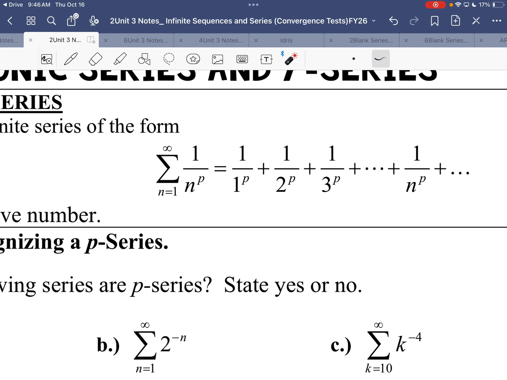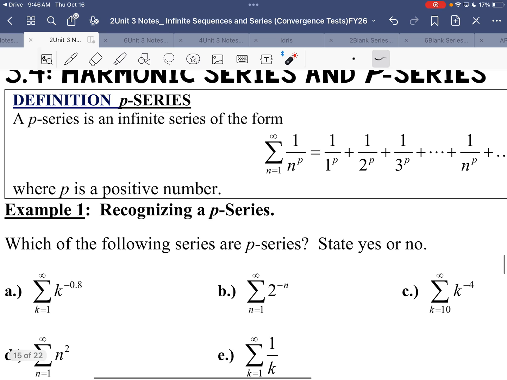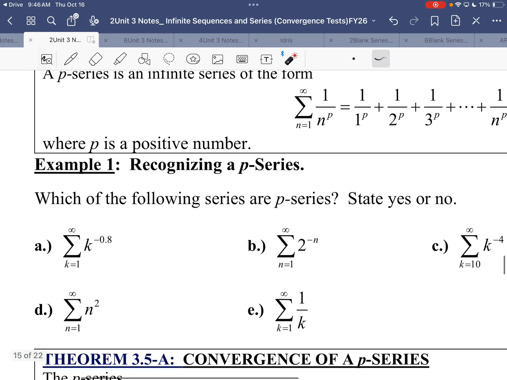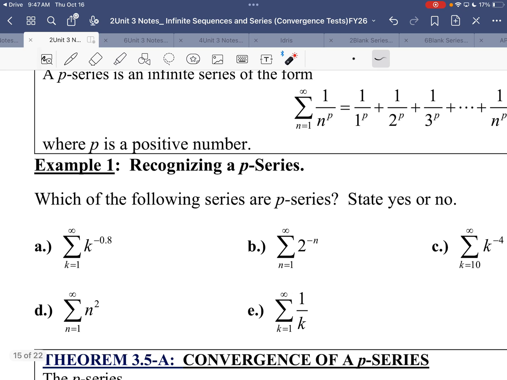So n is a variable and p is a constant. Specifically, p is a positive number. So it should look like 1 over n to the something power.